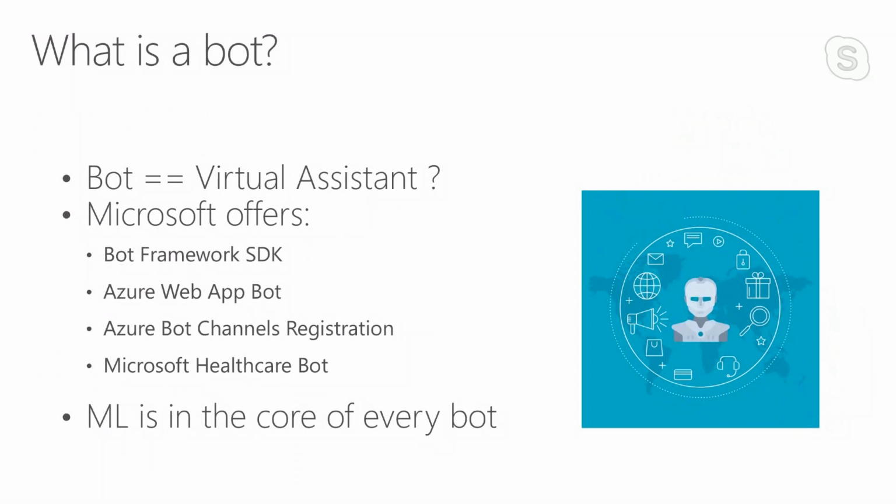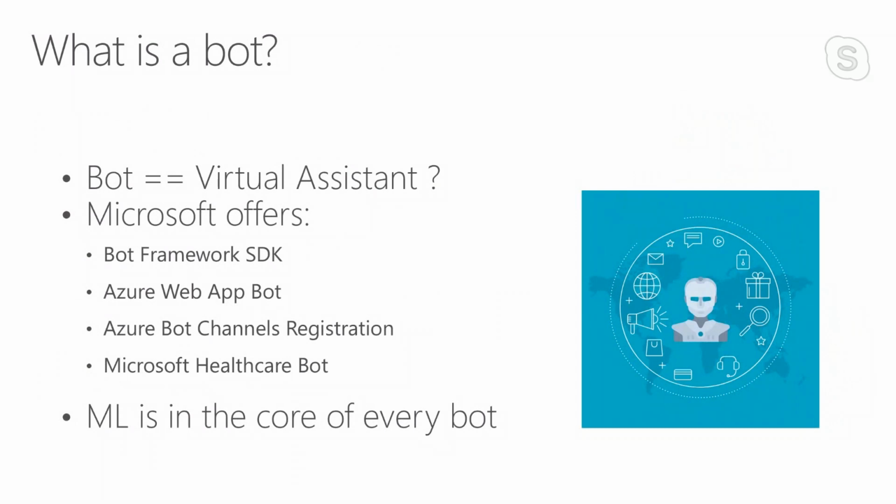And on Azure, you have Azure Web App Bot. So you are creating a bot on Azure as a resource. Then you can download the code and you will get pretty much the same template as you can get using the Bot Framework.